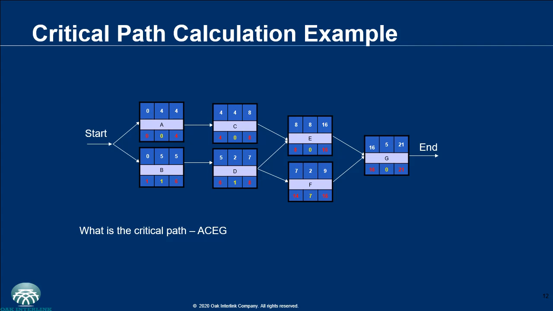And then 6 minus 5 is 1. And then the late start for C, which is 4, becomes the late finish for A, which is 4. 4 minus 4 gives you 0. So there you have the forward and backward pass method showing the completed critical path calculation.